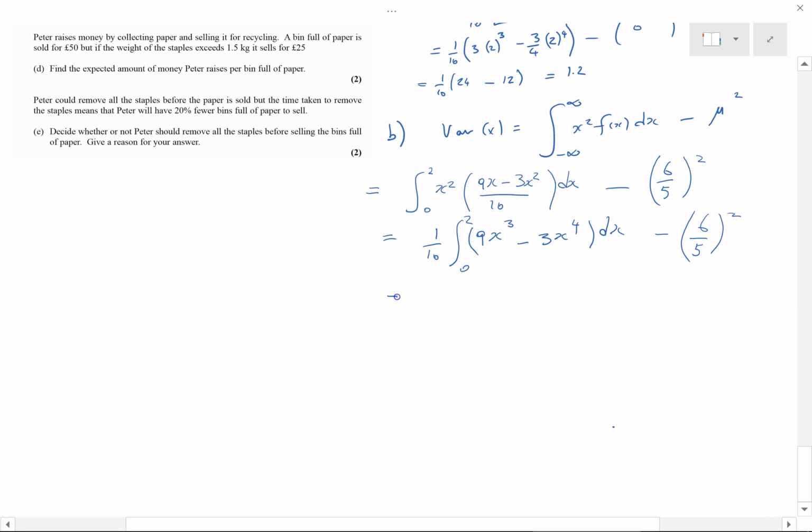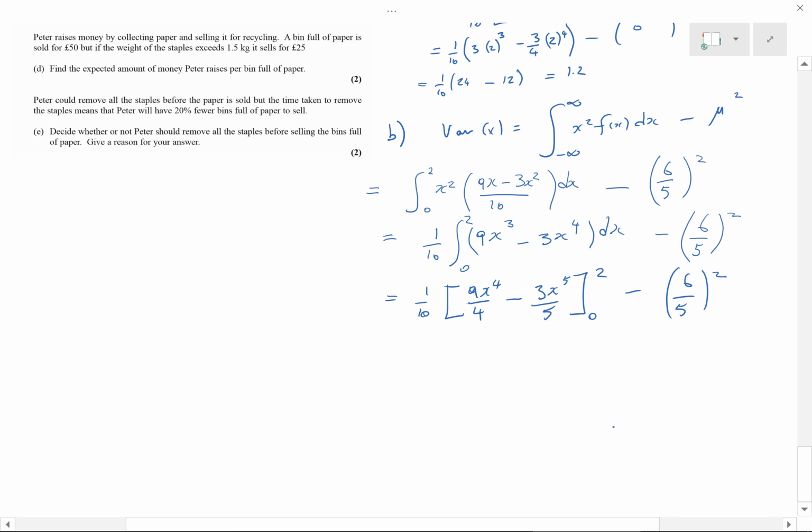So that equals 1/10 of, let's integrate that, 9x to the 4 over 4 minus 3x to the 5 over 5 from 2 to 0, minus 6 over 5 squared.